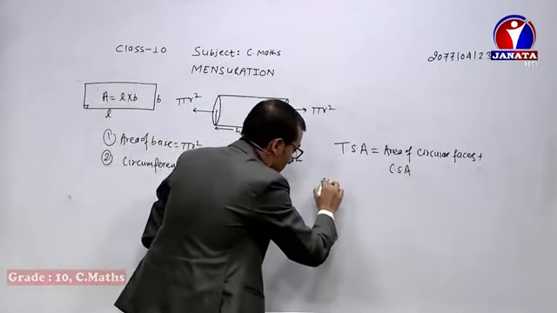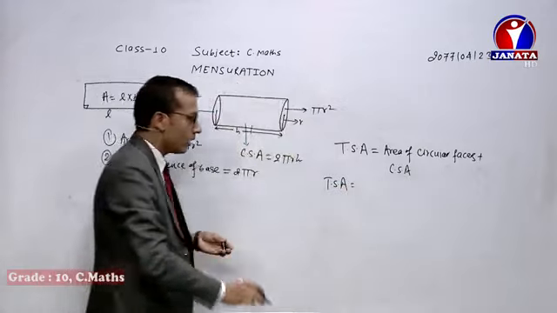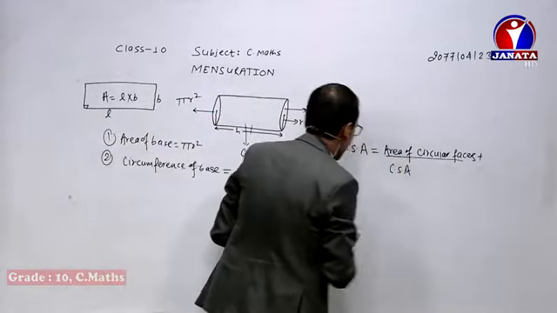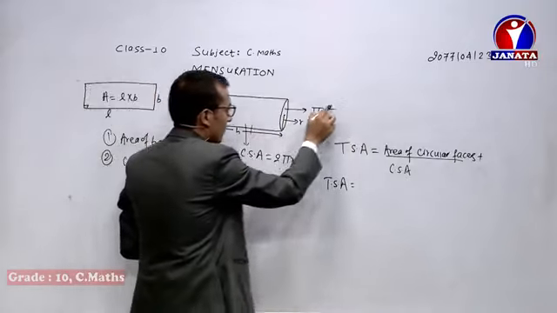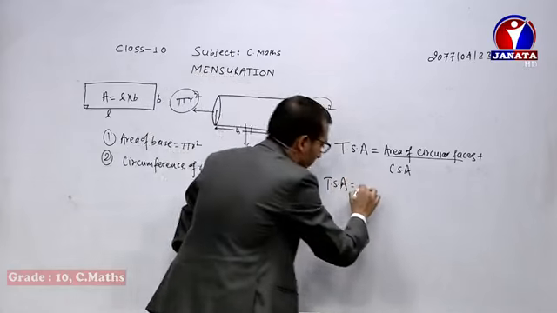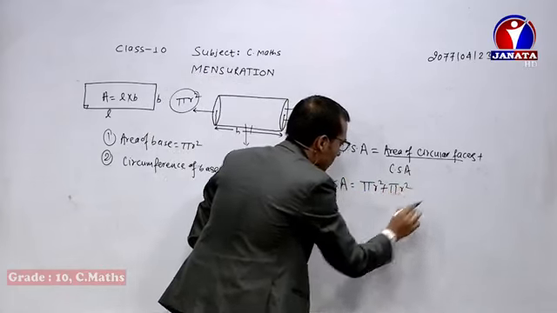So total surface area is equal to the area of circular faces. There are two circular faces, this one is the first end, and this is the other end. So pi r square plus pi r square.